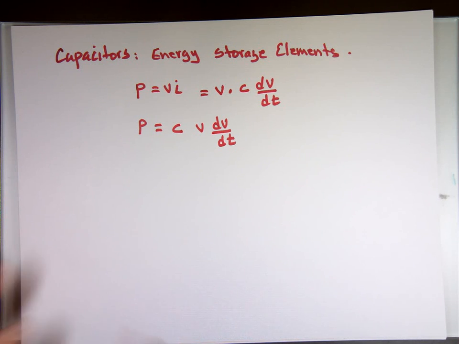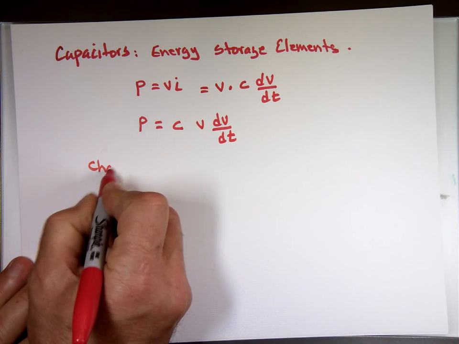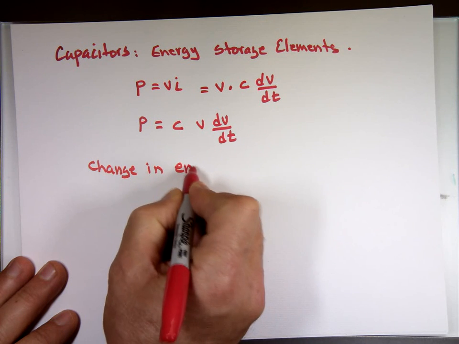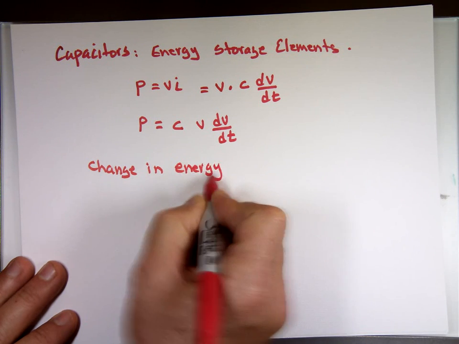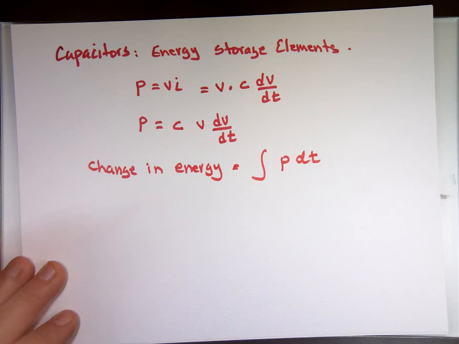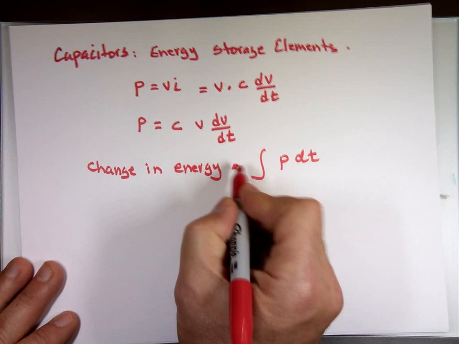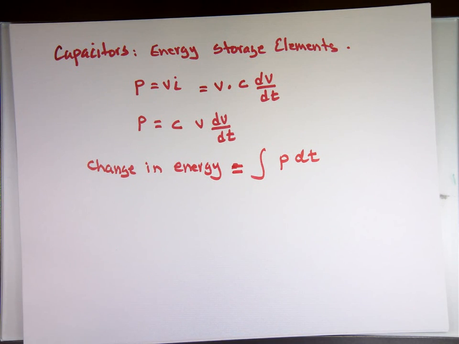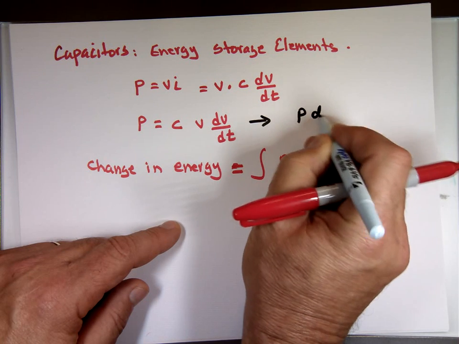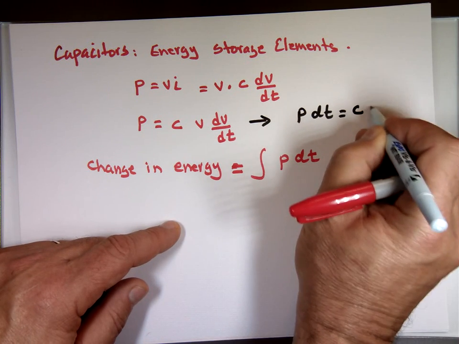Now, if you remember the change in energy from physics, energy is the integral of power dt. Let's take that equation, and if you multiply both sides by dt, you have p dt equals C v dv/dt times dt.